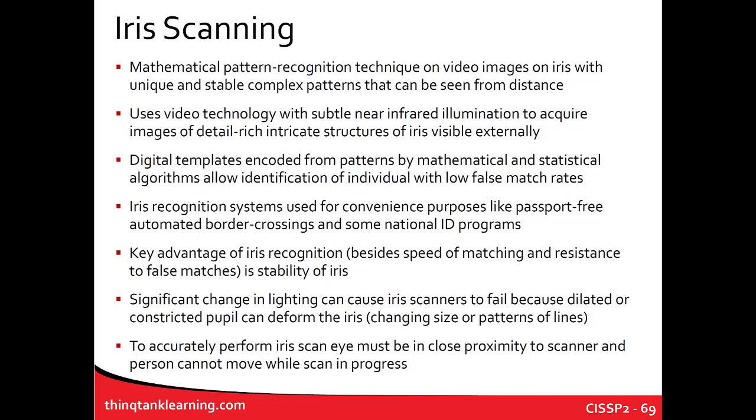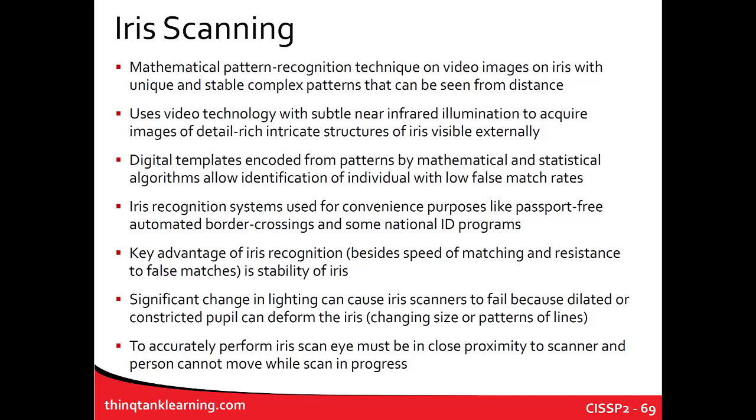We can actually use near infrared light, which can help enhance the visibility of those patterns, even in low light conditions. And then algorithms will convert those patterns into a digital template.